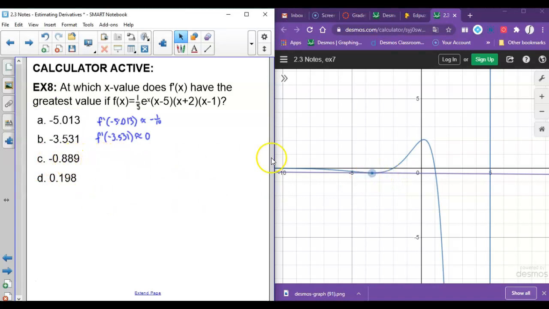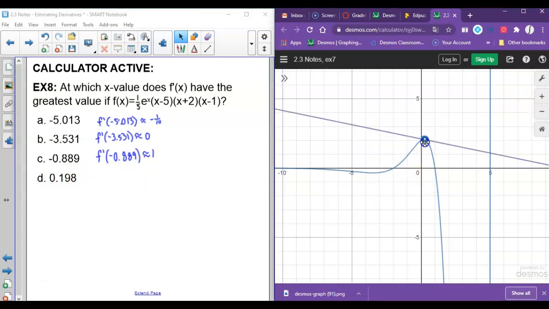So at negative 0.889, that's about here somewhere. It looks like I've got a slope a little bit steeper than 1. So f prime of negative 0.889 is about 1, maybe a little more, maybe a little less. And then our last one is at 1.98. So that would fall around, probably around here somewhere, there, and it's also close to 0.